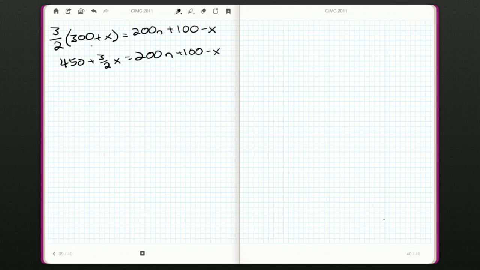We know 300 plus X is going to be less than or equal to 400, less than or equal to 450 plus 3 over 2x, less than or equal to 600. And so we can work it out from there that n will have to be 2. Can't be 1, that'd be too low. Can't be 3, that'd be too high.